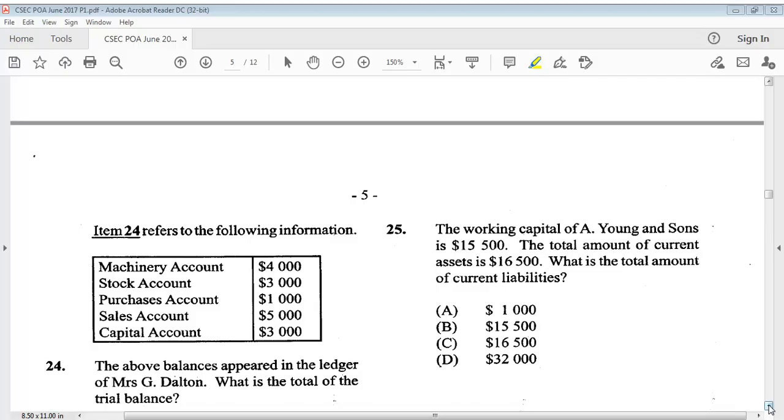So to find liabilities, we flip the equation: current assets minus working capital. So that's 16,500 deduct 15,500. When we subtract that, we are left with $1,000. So A would be our answer.